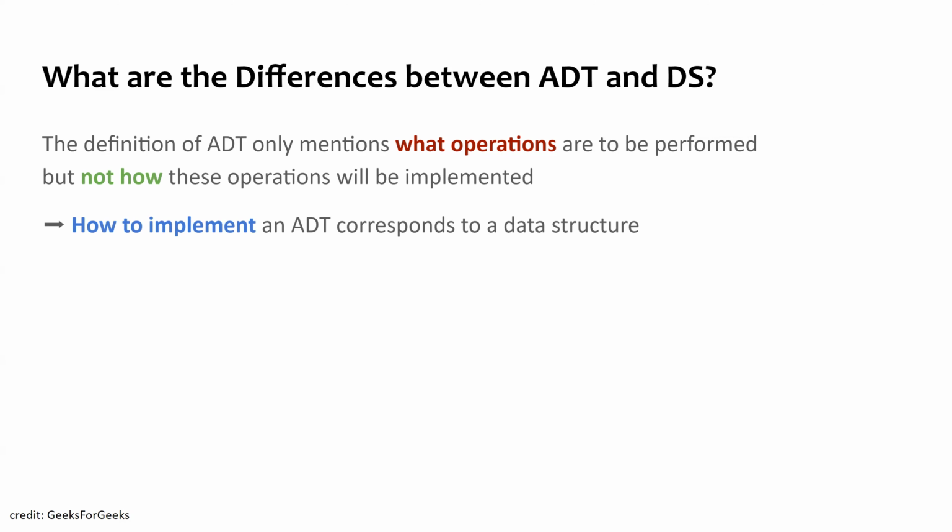Therefore, as you can see here, ADT just defines the operations and the data types an object supports, and data structures, in fact, implement the operations defined by ADT. So you can think of it as ADT is a concept, whereas DS is a tangible object or implementation.